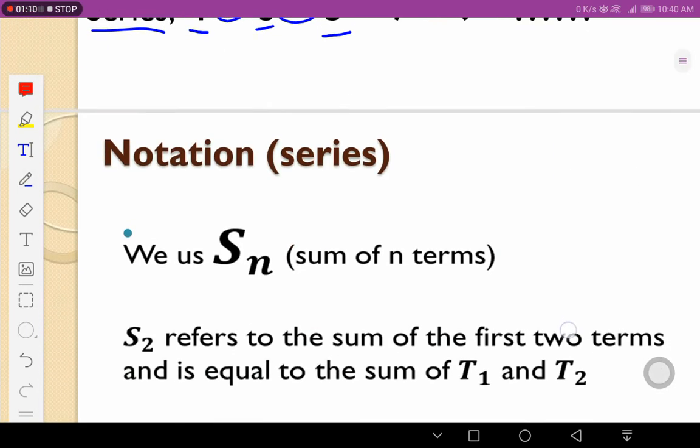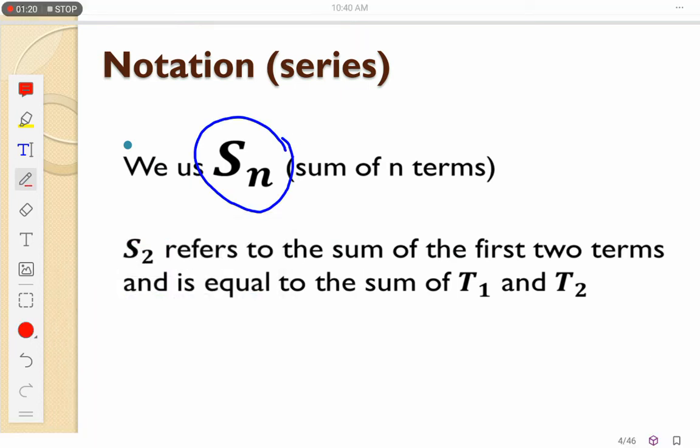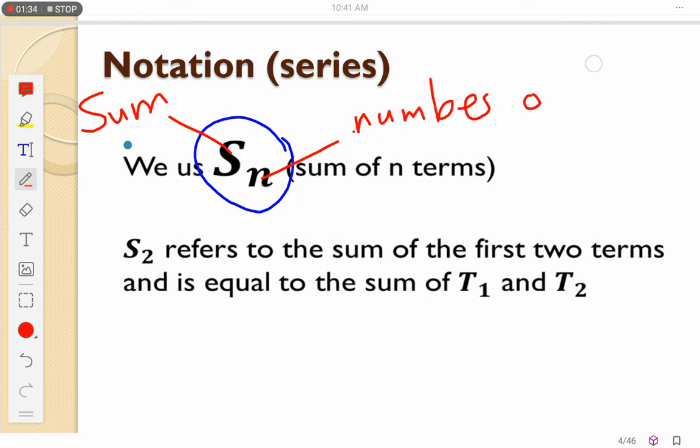We also have what we call notations when we talk of series. I can have an Sn notation, where the S simply refers to the sum or summation of terms, and the n refers to the number of terms.